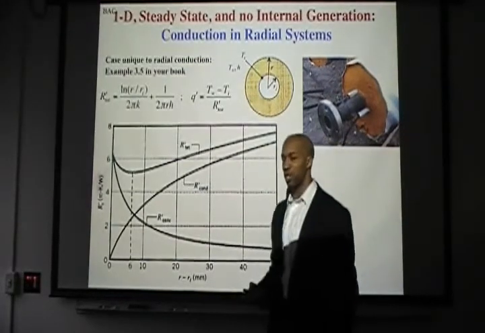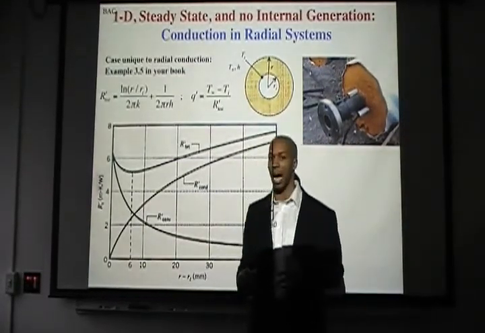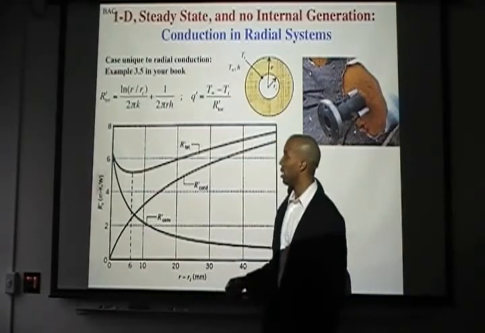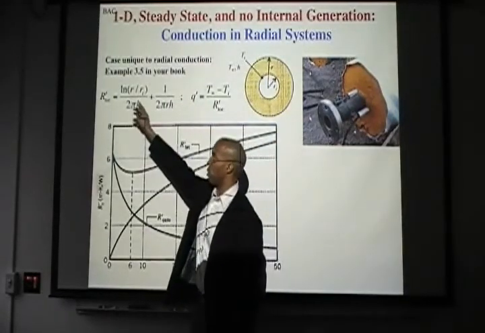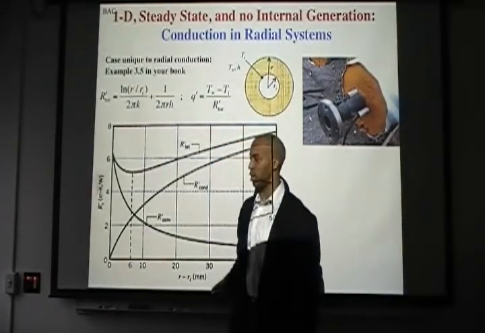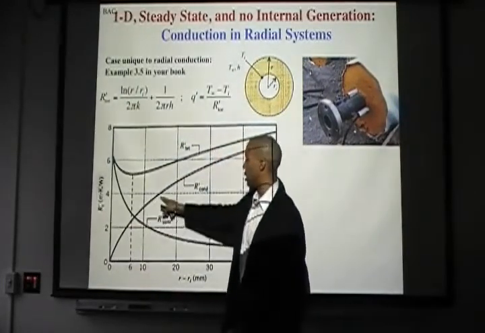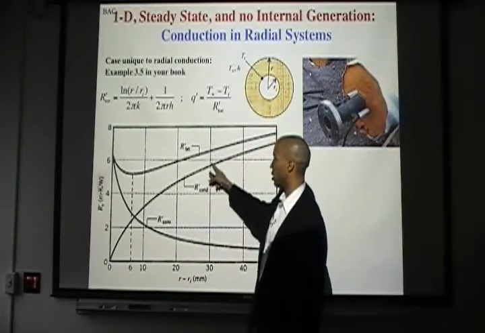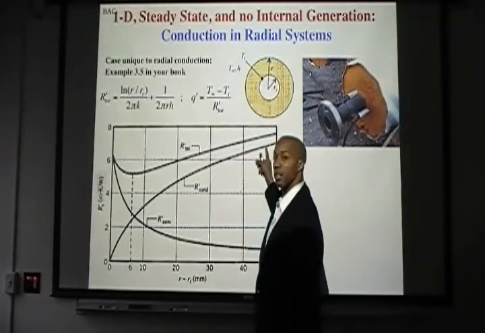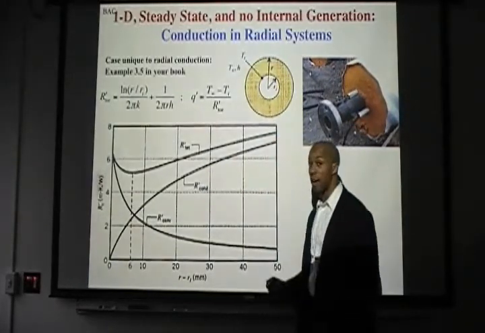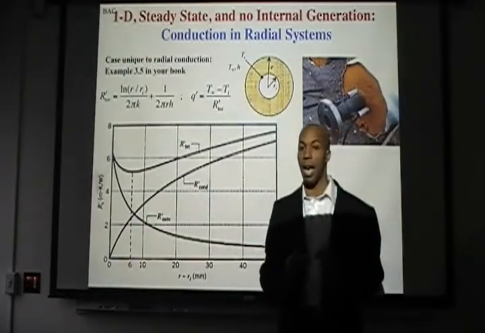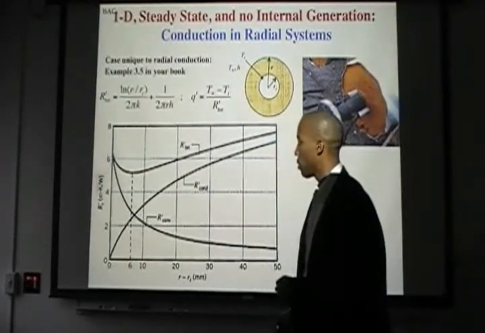Now we have insulation, so our goal is to keep the resistance high to trap the heat. Well, if we increase the thickness of our insulation, then the resistance of the insulation increases logarithmically. So we have these 2 competing phenomena happening in this system.